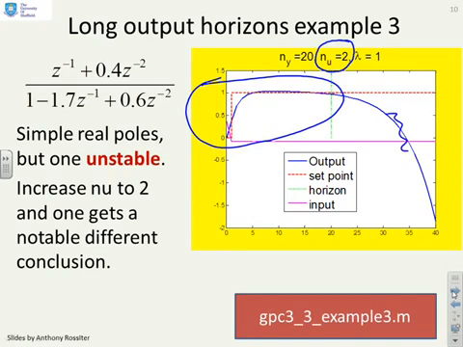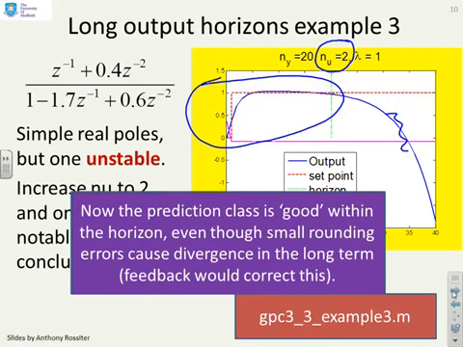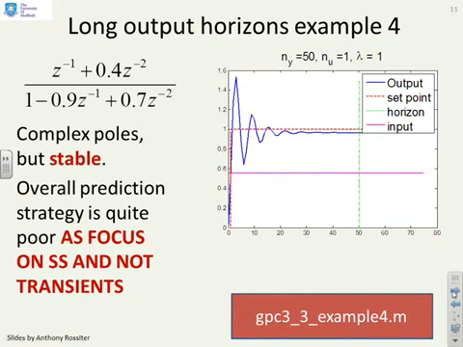Okay, they do diverge once you go beyond the prediction horizon because of rounding errors and the like, but over the prediction horizon itself, they're looking quite reasonable and the steady state error is small. So the prediction class is good within the horizon, even though small rounding errors cause divergence in the long term, and the use of feedback would be able to correct this.